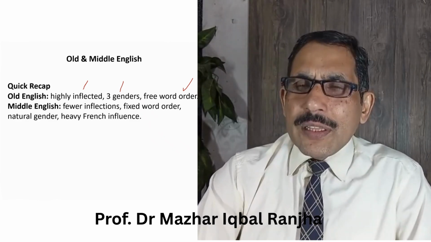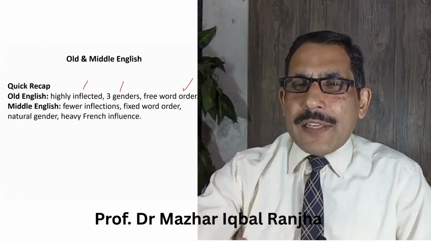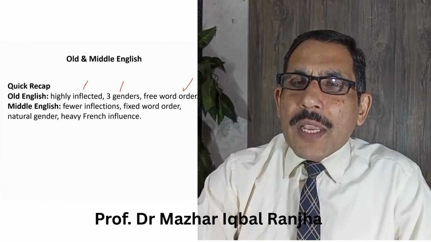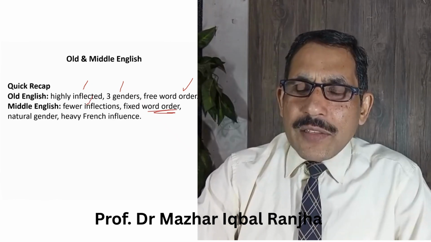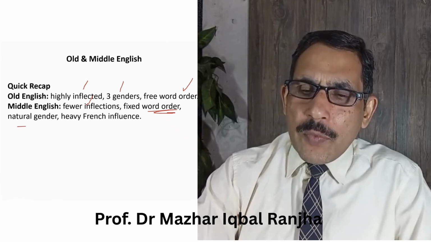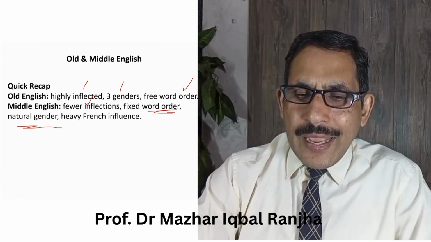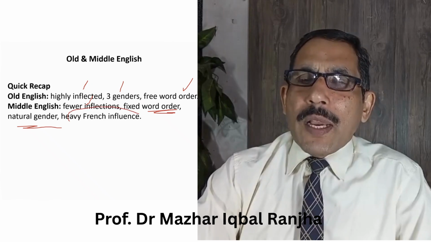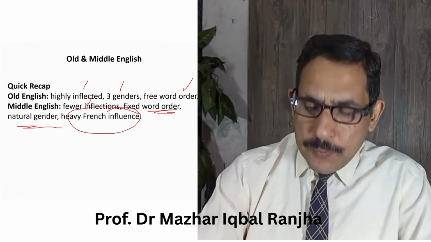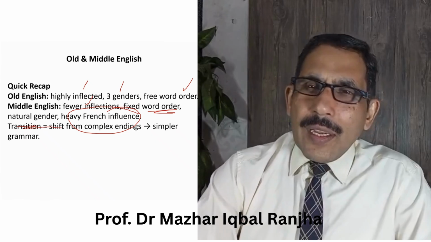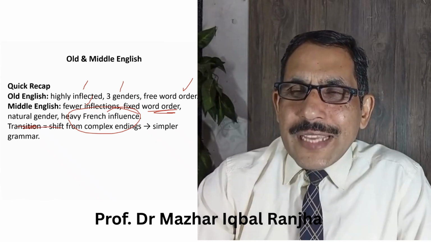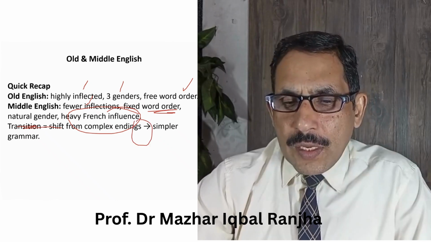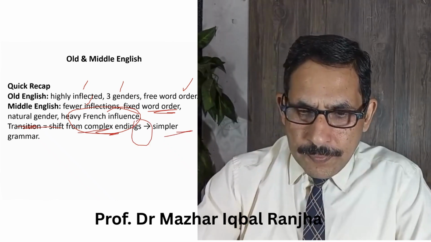In Middle English, there were changes in inflection, and inflections became fewer. The order was fixed, and three natural genders were used. And it was heavily influenced by or dominated by French words. This shift was from complex endings to simple and easier.